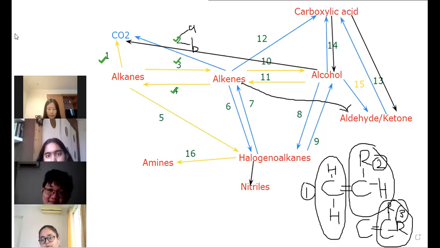Yes, teacher. Vedika, how to make alkanes become halogenoalkanes in this number 5? Is it through free radical substitution? Yes. What is the condition and catalyst? Is it UV light? Yes, correct. And the condition?